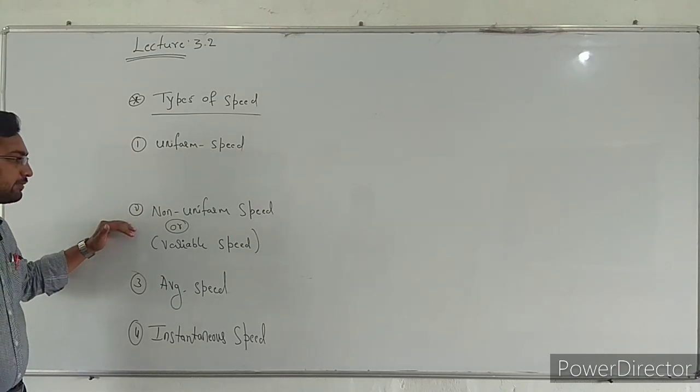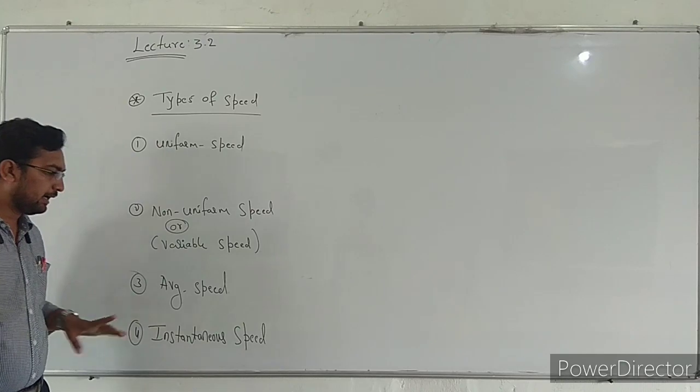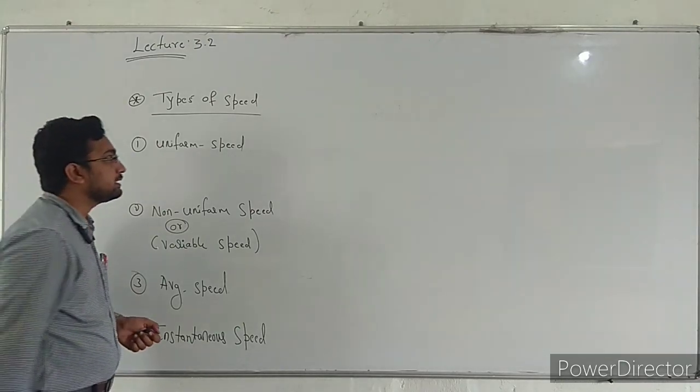The second one is non-uniform speed or variable speed. The third one is average speed, and the fourth one is instantaneous speed. So these are the types of speed.